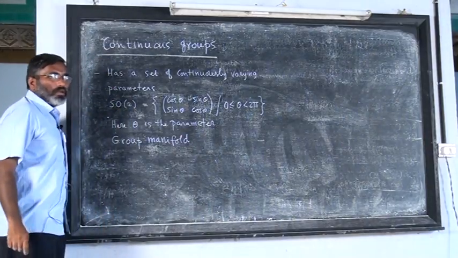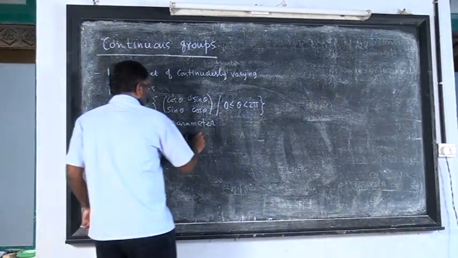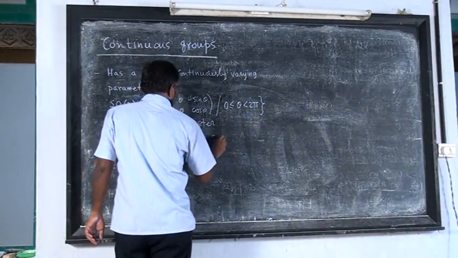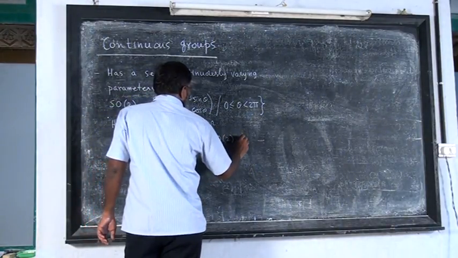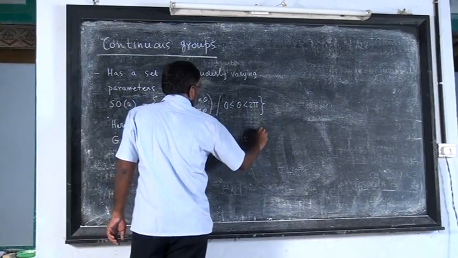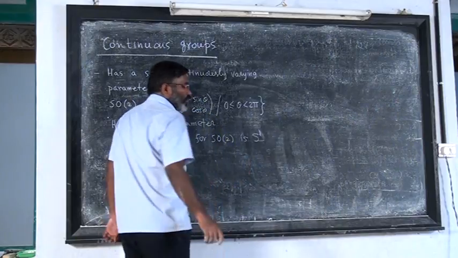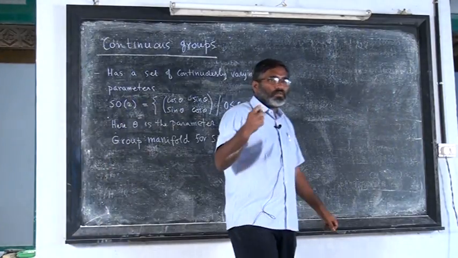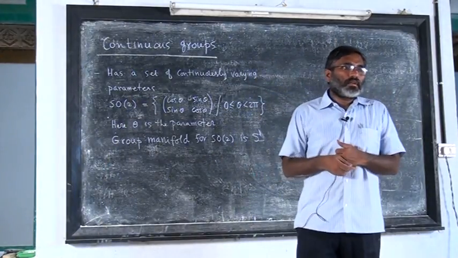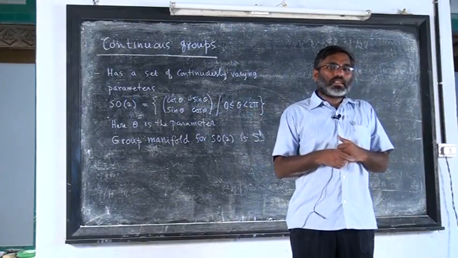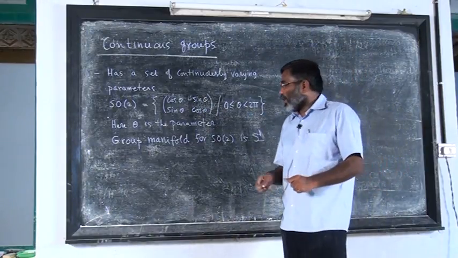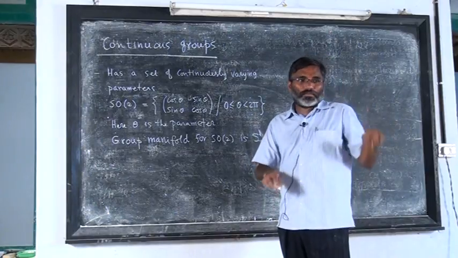Group manifold for SO2 is S1. What is S1? In mathematics, S1 is a circle. So theta will vary on the circle.